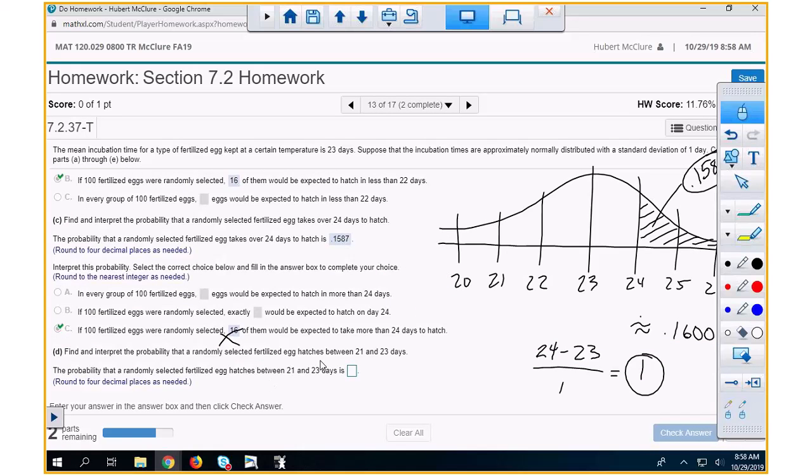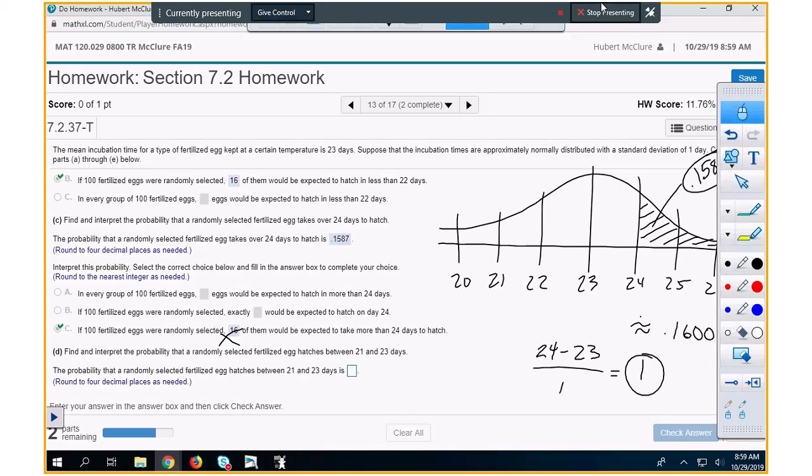Find and interpret the probability between 21 and 23 days, not eggs. 21 and 23 days. So again, if you have a newer calculator, you just have to type in 23, 1, 21 to 23. But if you have an older calculator, you're going to have to change 21 and 23 into a z-score, which would be 0 and negative what? 2? Something like that.